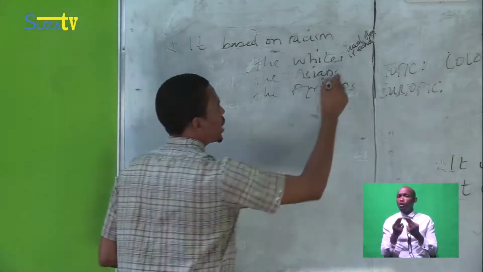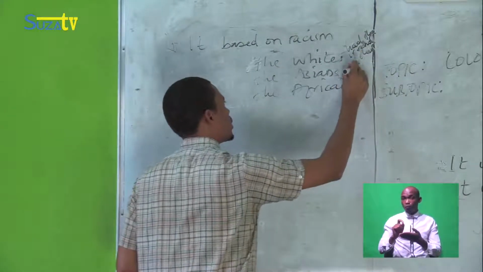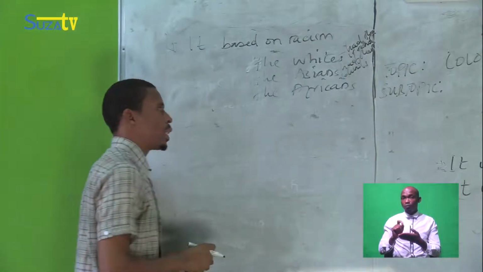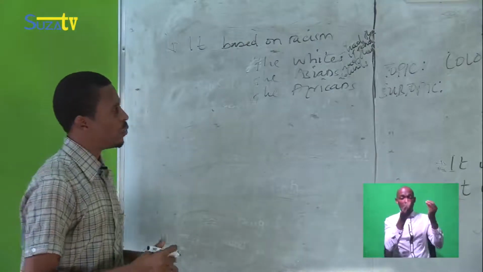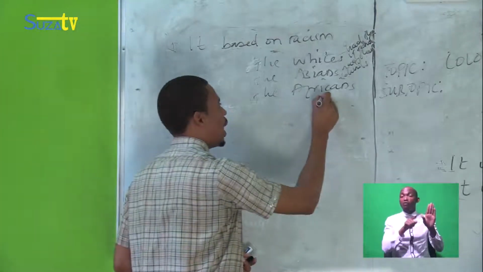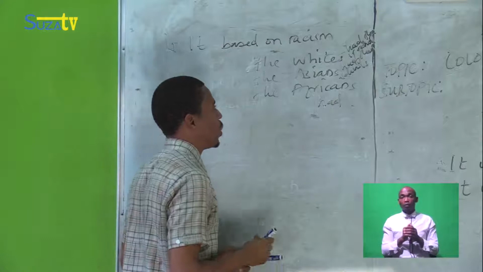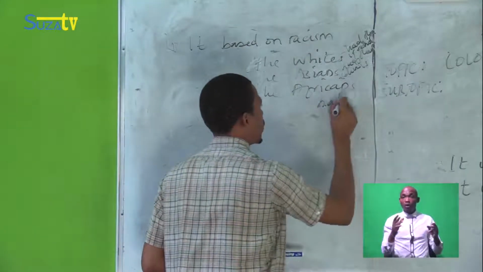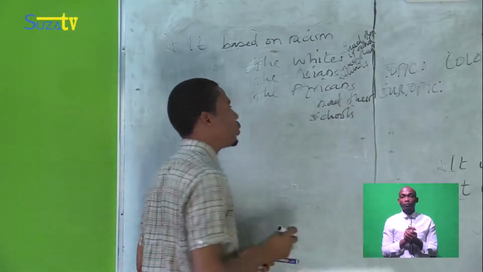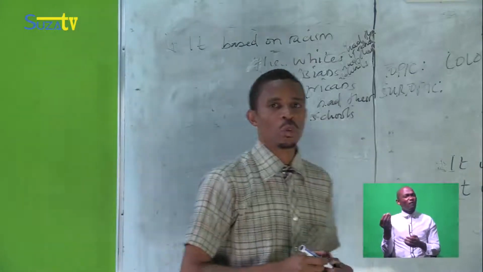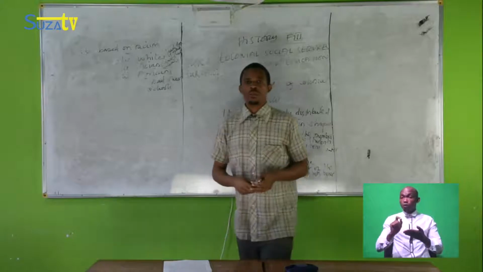Also, the Asians had their schools, with better education. And the Africans also had their schools, which were very poor compared to the schools of the whites and the schools of the Asians.